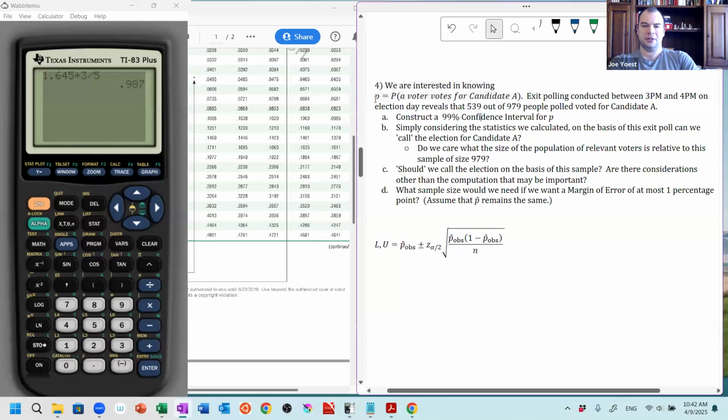We're interested in knowing little p, which is the probability that a voter votes for candidate A. Exit polling conducted between 3 p.m. and 4 p.m. on election day reveals that 539 out of 979 people polled voted for candidate A. We have a multi-part question here, but let's start with the first part. Let's construct a 99% confidence interval for p, the true probability of a voter voting for candidate A.